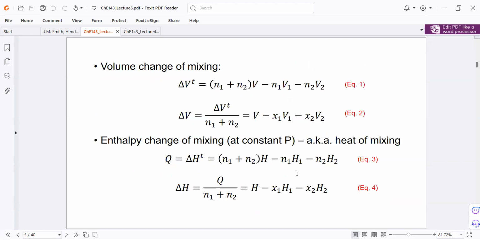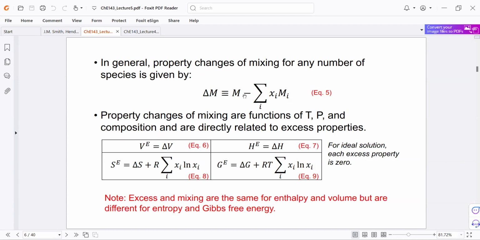The way that we derived these equations right here, it's just that we generalize the equation into M for any property. So this is the property of the mixture minus the summation of the composition, or mole fraction, of the individual species multiplied by the property of the individual species.